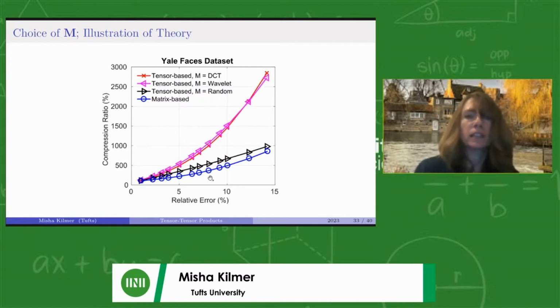On the other hand, it far outstrips what I can do just treating that same data in a matrix-based traditional form. And it's not too far off from doing the truncation of the tensor-based approach, but using M being a completely random orthogonal matrix, right? You don't expect that M to have any structure, and because it doesn't have any structure, it doesn't really buy you anything in terms of using a tensor decomposition.